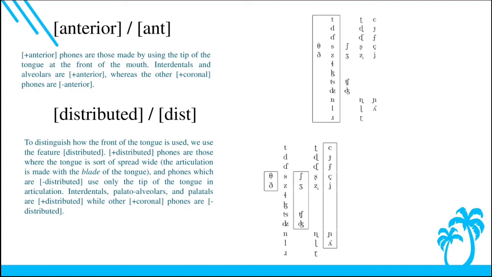We can really hear the blade in sounds like sh, where it's not the tip of the tongue making the sound. It is the front of the tongue, just behind the tip. Compare that to minus distributed sounds, which use the tip, like t, d, z, and s, and we can feel much more that it is the tip of the tongue.